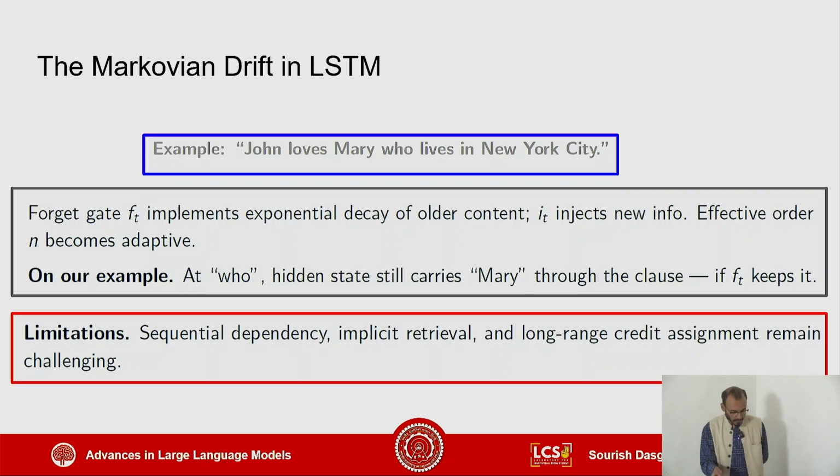The limitation again being that sequential dependency, it's a very implicit retrieval. It's not explicit in the sense that we are not explicitly trying to bring the influence of Mary and the influence of love and the influence of John onto who, as an example. You are not explicitly trying to pick each and every single preceding token and understand what percentage of influence it has on who, right?